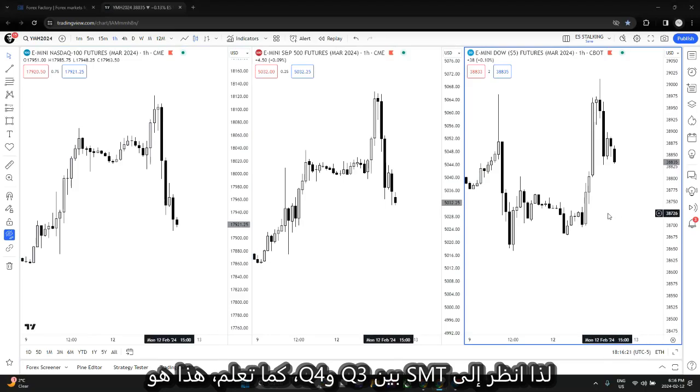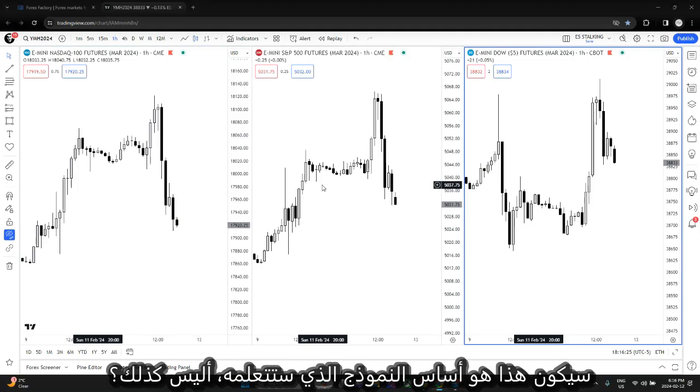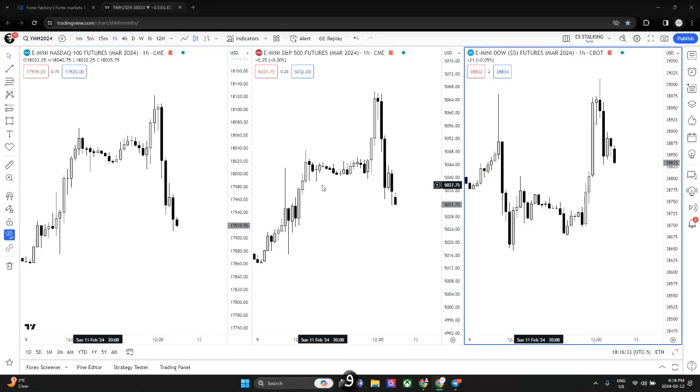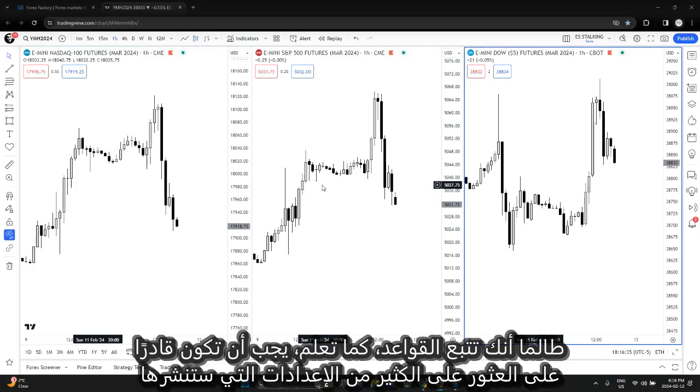So sequential SMT between Q3 and Q4 will be the base of the model that you will be learning, right? And it will have specific time frames for specific cycles. And as long as you follow the rules, you should be able to find setups.